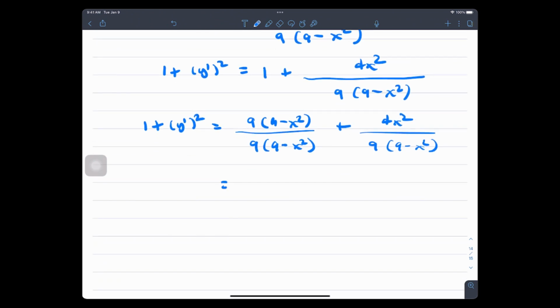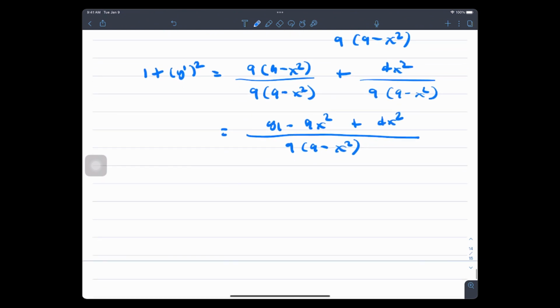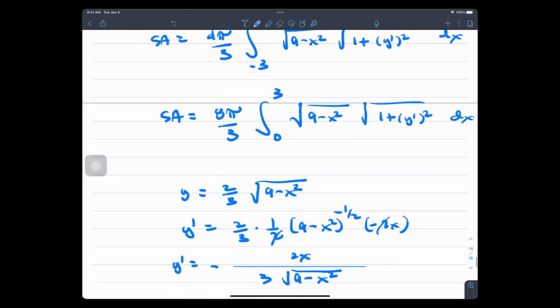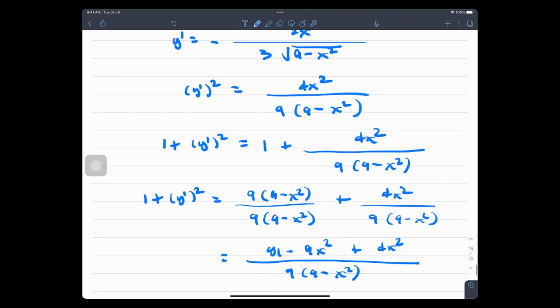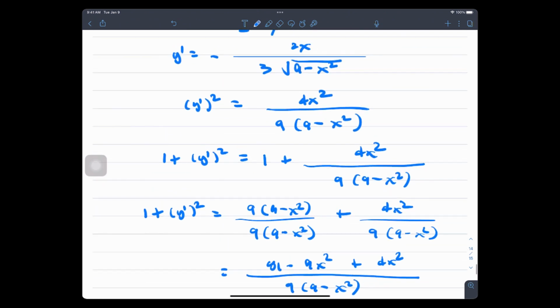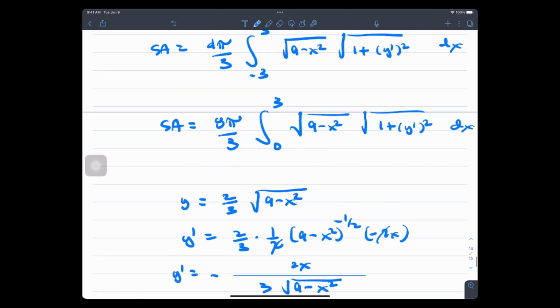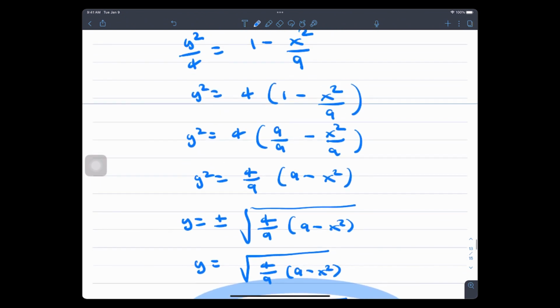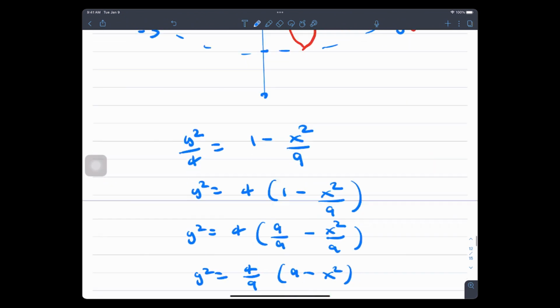Okay? And now what happens here? That 81 minus 9x squared, is that plus 4x squared? Something's bothering me about this. Here's y.